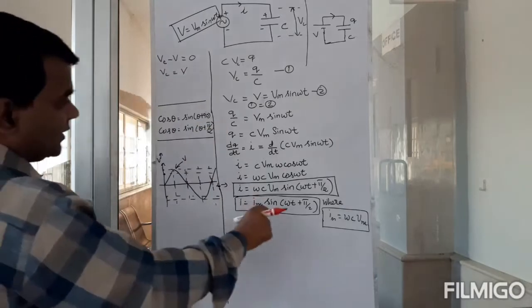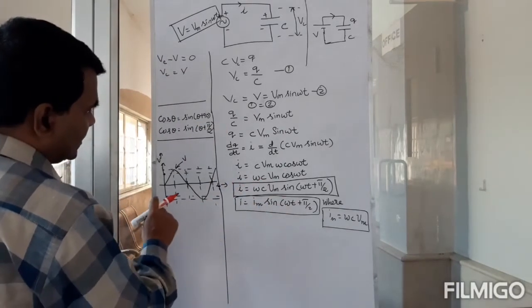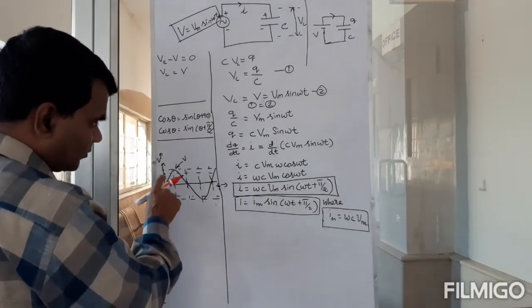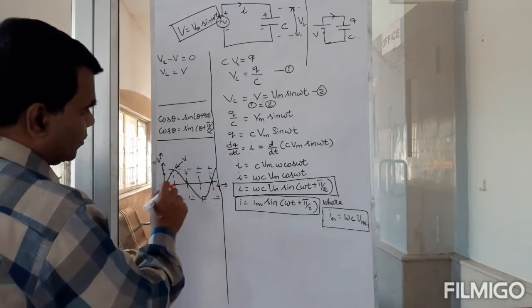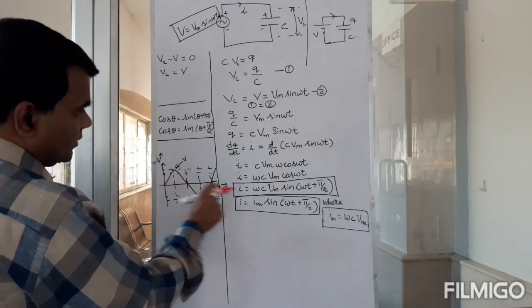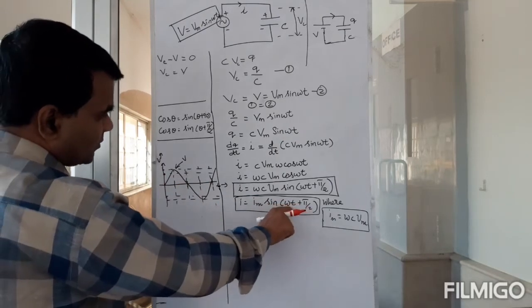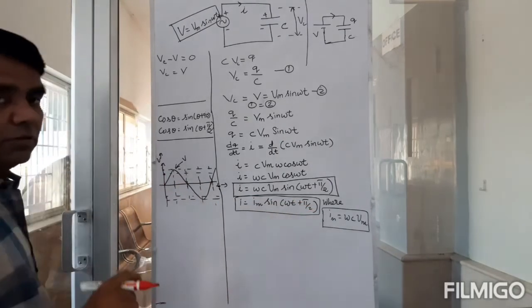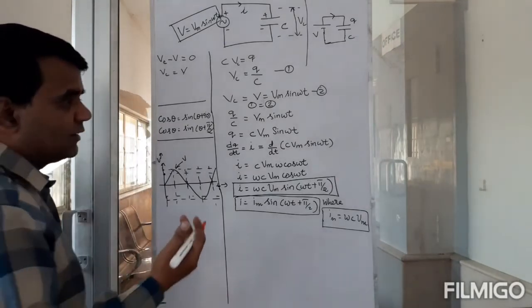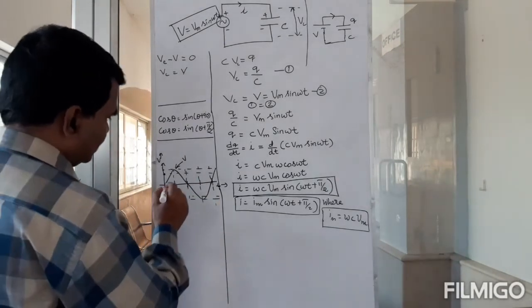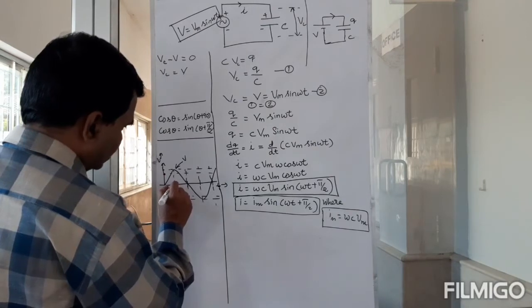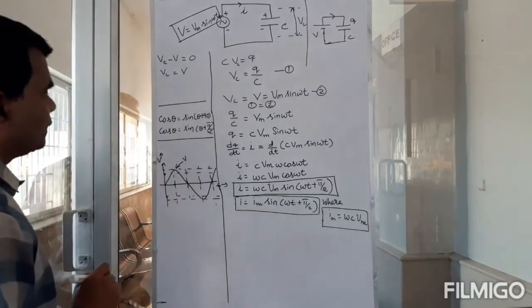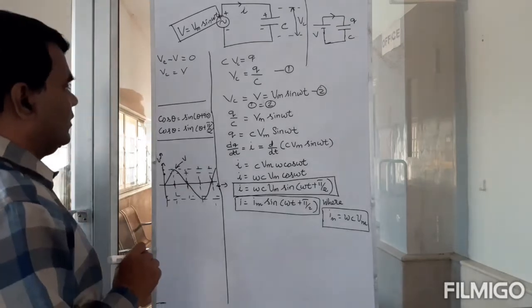And when that is pi by 2, then what do you get here? It will be pi, so it will be 0. Okay?